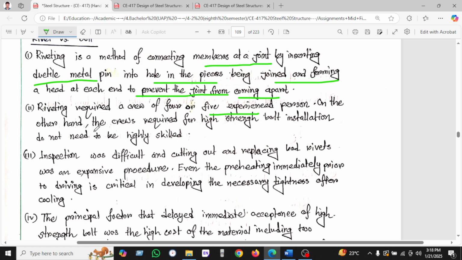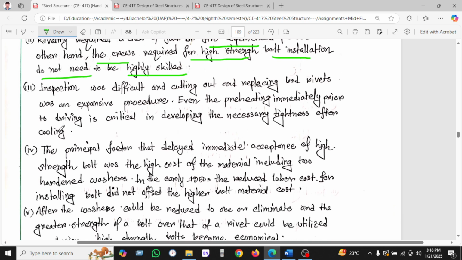On the other hand, the crew required for high strength bolt installation does not need to hire skilled workers. And then we can see the inspection was difficult, and cutting out and replacement of rivets was expensive, and the rivet must be preheated immediately prior to driving and developing necessary tightness after cooling.